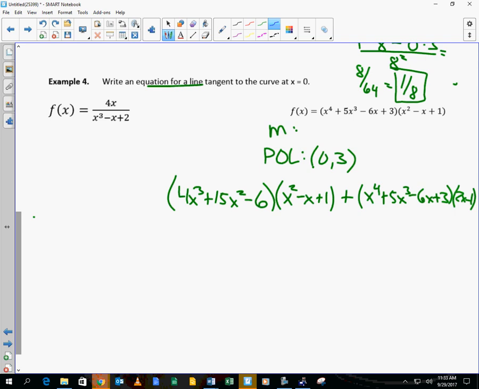And then here's how I organize my work when I do it. I happen to be plugging in 0 here. And so what am I going to get here? Negative 6 times 1 plus 3 times negative 1. So people forget their multiplication or their addition or what they're doing. This is what this results to be. So negative 6 times 1 plus 3 times negative 1, negative 9. So we have y equals negative 9x plus 3.